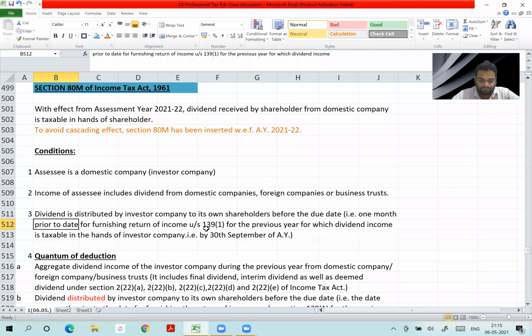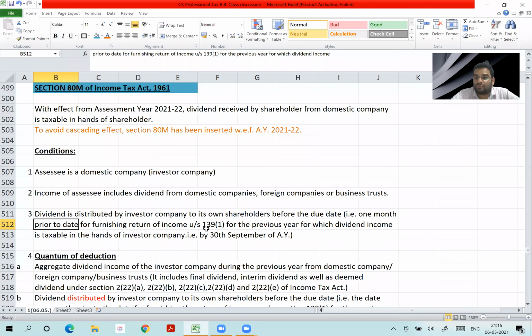Listen, we are talking about PY 2021. Do you know for PY 2021 what is the due date of filing return for a domestic company or any company assessee? The due date of filing income tax return is 31st October. You have to understand this is also an amendment.